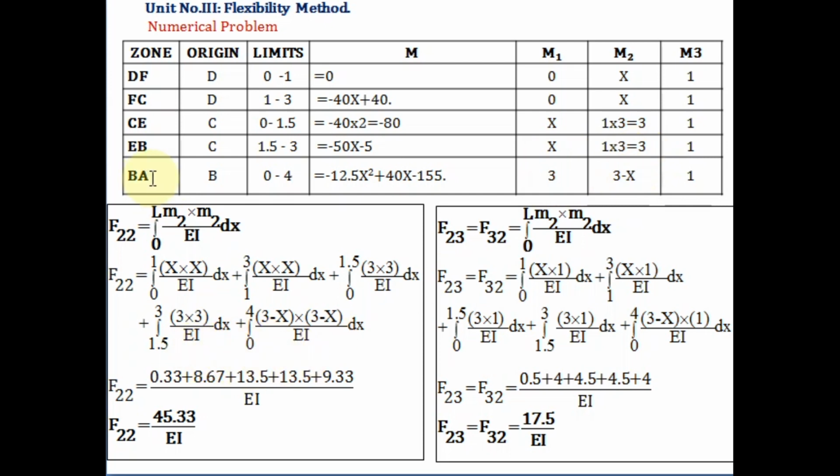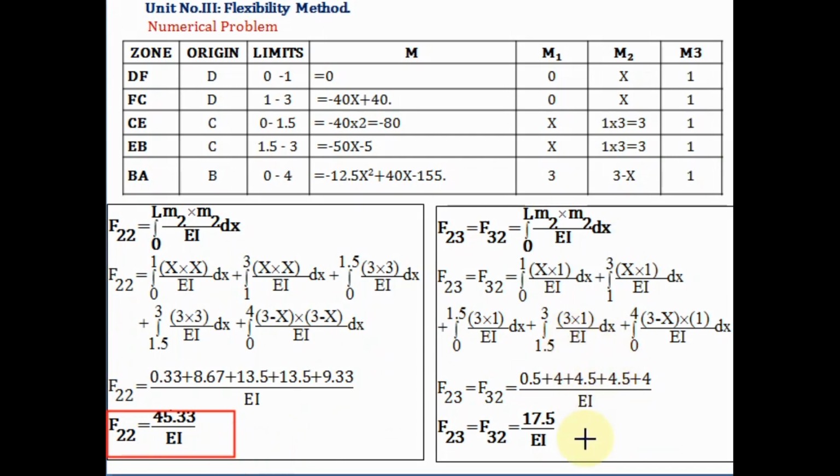So the next zone is BA, the limit is 0 to 4, 3 minus x multiplied by 3 minus x upon EI. So we have put the values of M2 in the above formula. Here for all the zones, the value of EI is constant. After solving this integration, we'll get this value, and finally the value of F22, that is 45.33 upon EI.